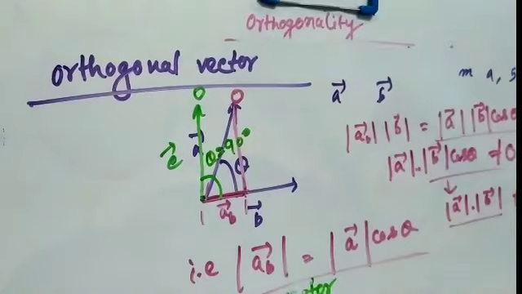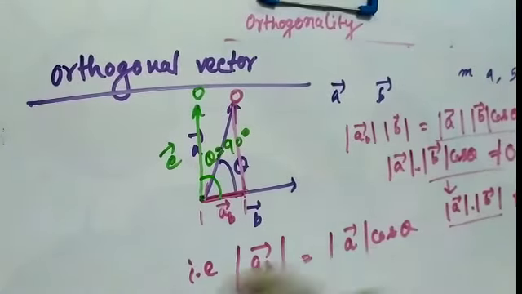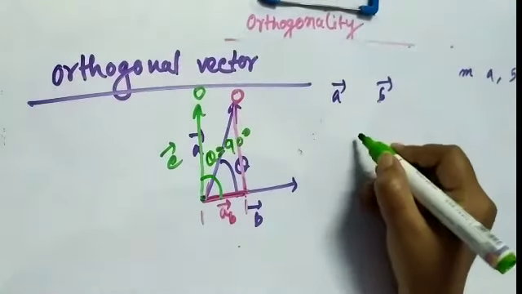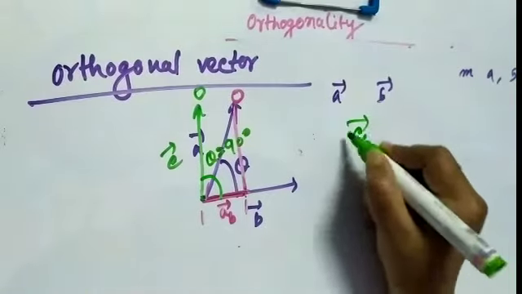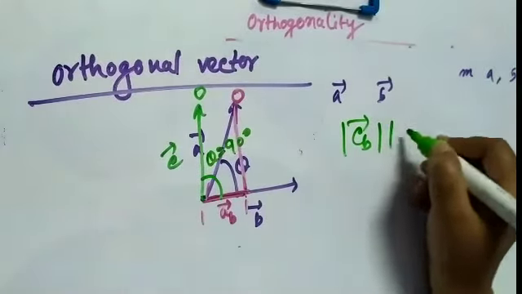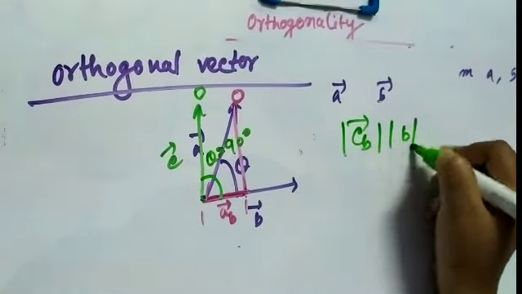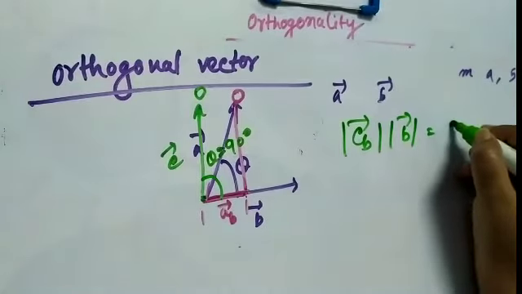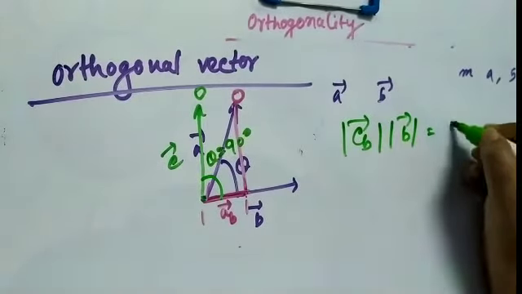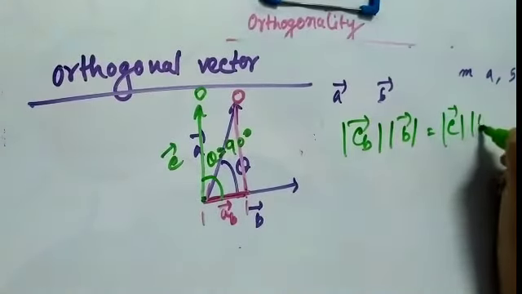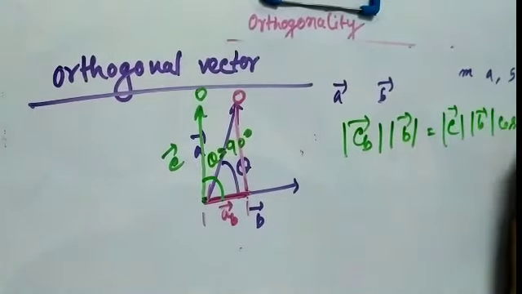We can write vector CB into vector B equals vector C, vector B cos theta.